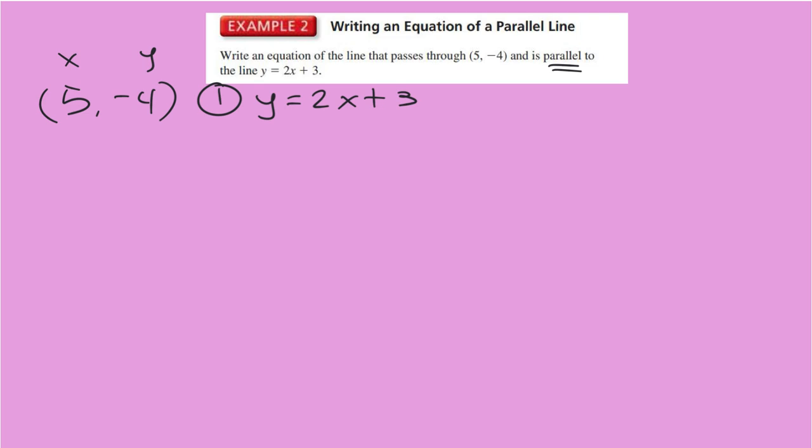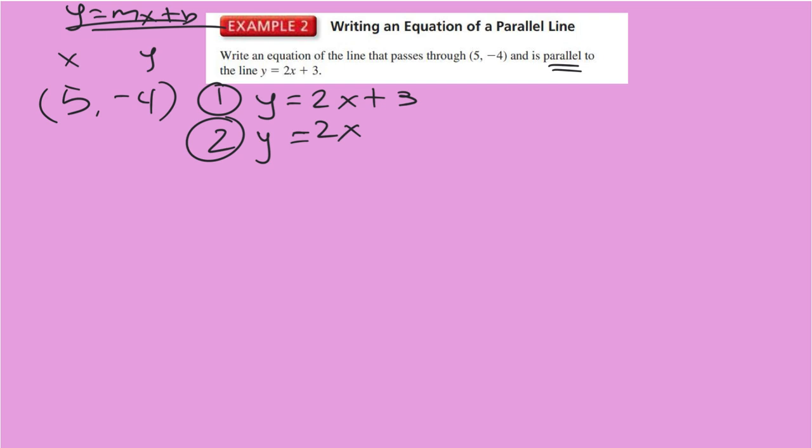If we know that it's going to be parallel, we're finding an equation. Y equals, remember the format, it's going to be slope-intercept, y equals mx plus b. Do we know our slope for the second line? Yes, which has to be parallel. So remember, parallel needs to have the same what? Slope. So it's going to be 2x.